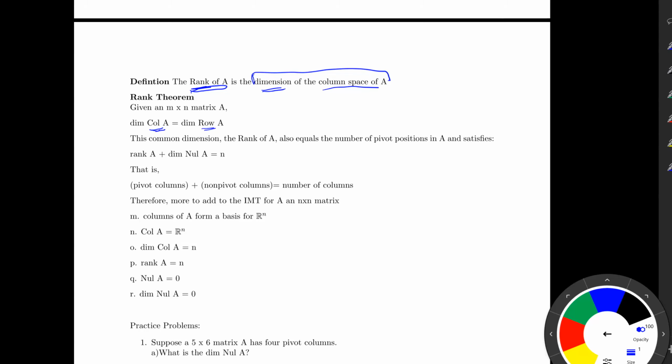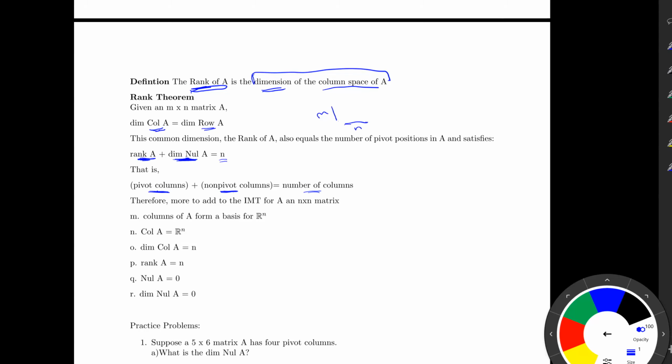All right, so let's look at our M by N matrix. Rank A is the dimension of the column space, so that's the number of pivots, the basic variables. The dimension of Null A is going to be the number of free variables, the non-pivot columns, and together that gives me the number of columns, N if it's an M by N matrix.